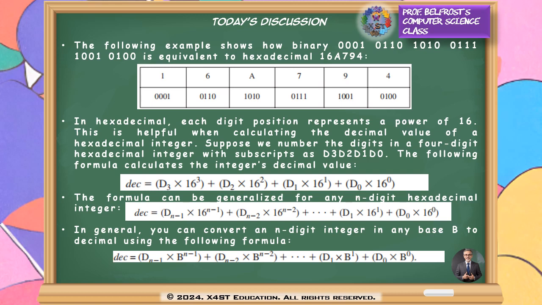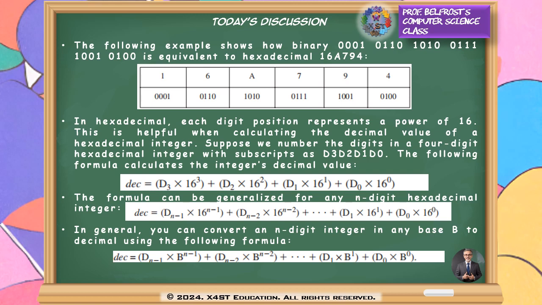Okay, so here's an example to show how you can convert a binary 0001 0110 1010 0111 1001 0100 into its equivalent hexadecimal form, which is 16A794. It looks like a code name, but yeah, this is computer stuff. It has been grouped into 4 bits so it's very easy for you to do it.